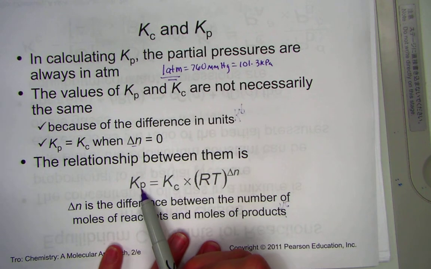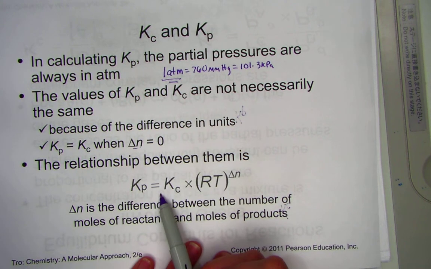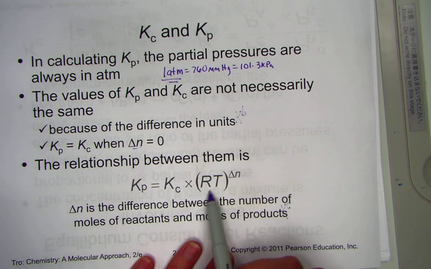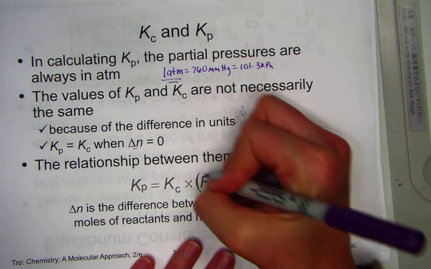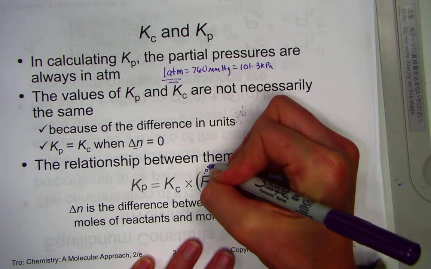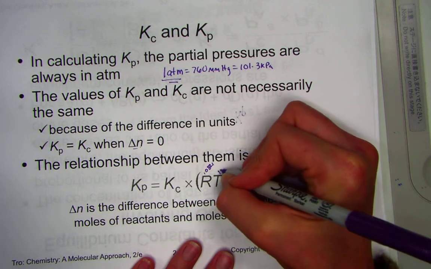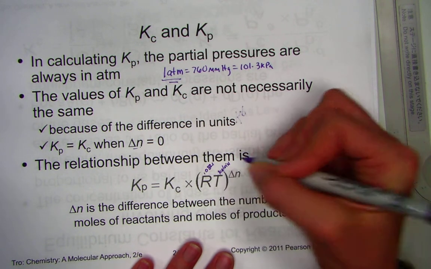Kp, the equilibrium constant expressed in terms of partial pressures, can be found from knowing the Kc, the equilibrium constant from the molarity concentrations, times RT. R is our gas constant, and if we're using atmospheres, this is our old PV=nRT days value, 0.0821, and T is the Kelvin temperature.